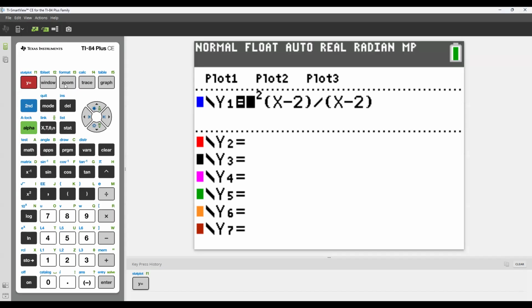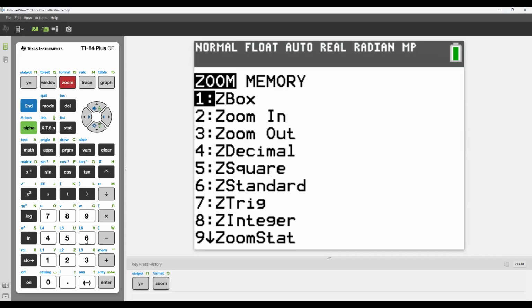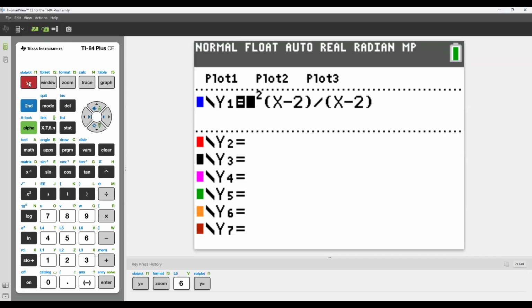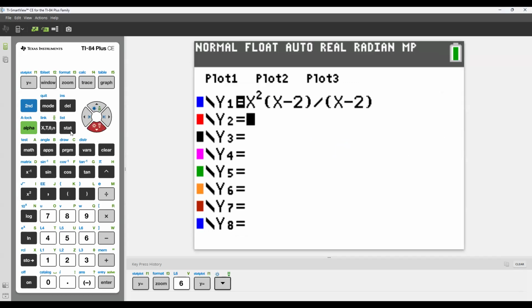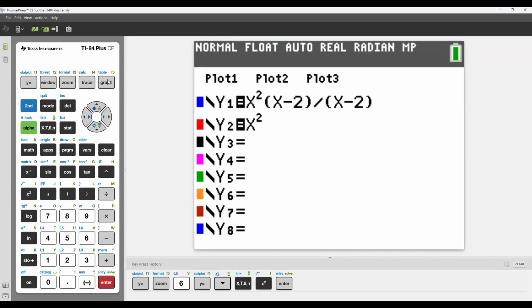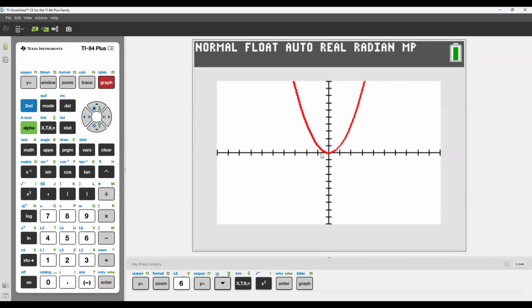And then you could click on zoom number 6 to graph the function, okay? Then you will see that the function looks like x squared, right? If I graph the x squared function, then you will see x squared basically is on top of our function f then. Okay.